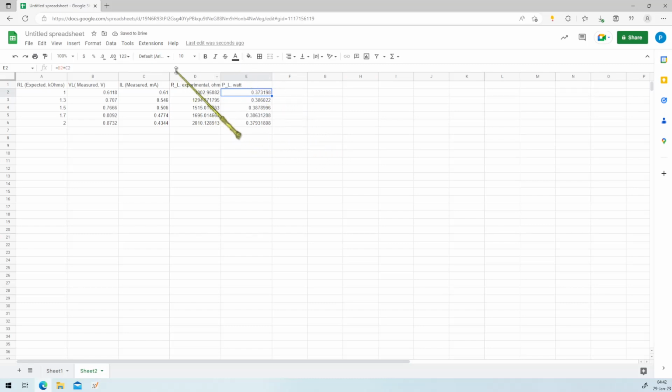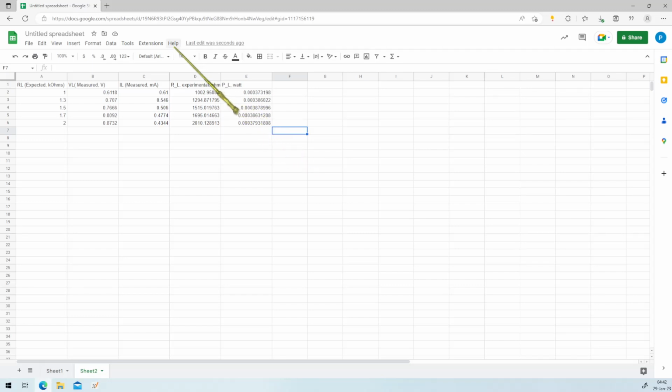So we may divide this by 1000, because IL is in milliamps. So we divide this by 1000. Here. And then we can get two columns like this.